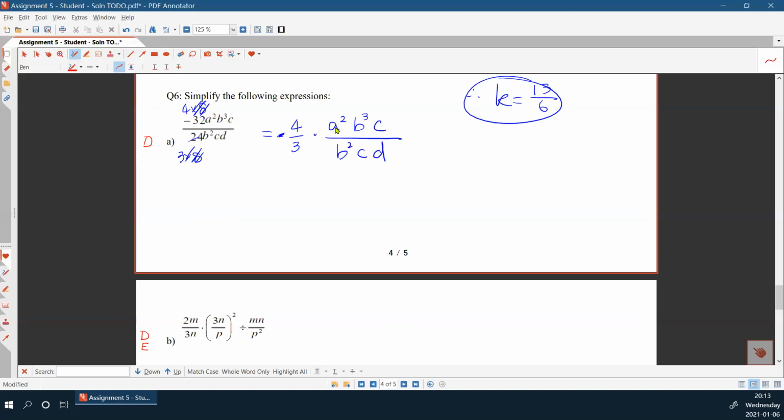Okay, next, try to cancel ABC here. Okay, A, we cannot cancel it. Okay, B squared, we can cancel a B squared there and cancel a C here. And what's left there is minus 4 A squared and 3D as a denominator. Oh, sorry, I left the B here. Okay, understand?